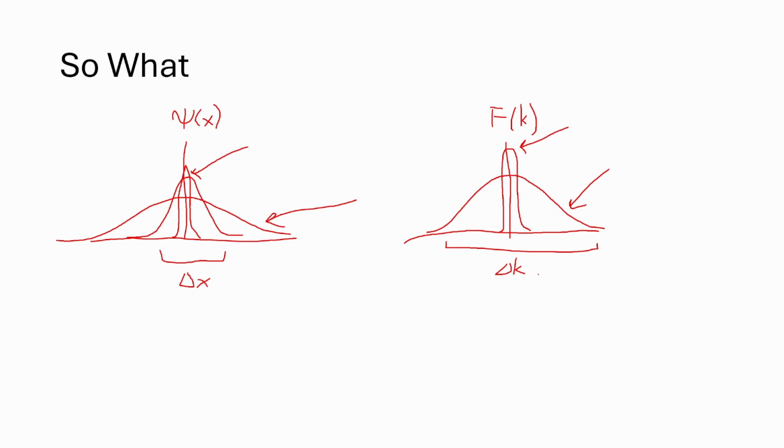I've called this the k-axis, but since momentum is just h bar times k, we can just multiply this axis by h bar, rescale the units, and then bam, suddenly this is our momentum distribution. And there's an inescapable trade-off between these two things.